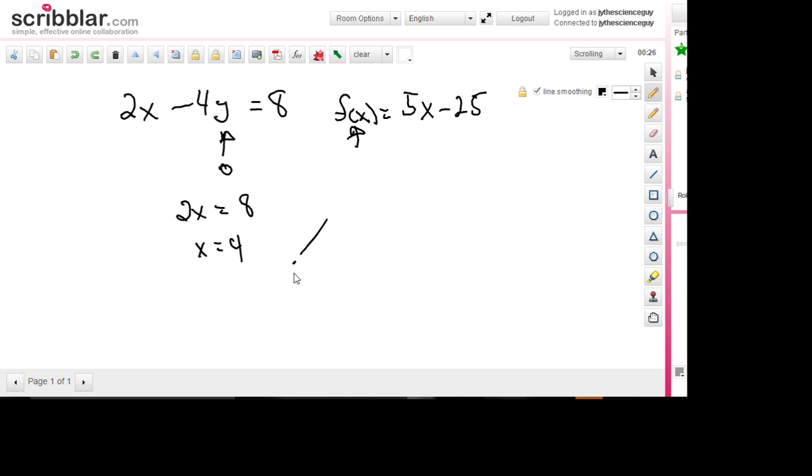Well, you're setting it to 0, right? And so then you solve. So plus 25 on that side will equal 5x. Divided by 5, 25 divided by 5 is 5. So x will equal 5. And so does that f of x have a 0? It sure does.